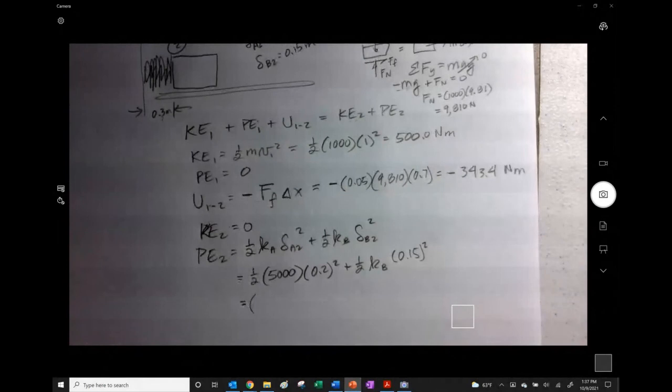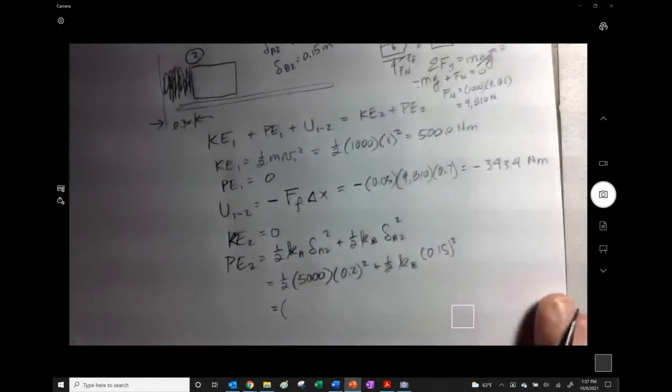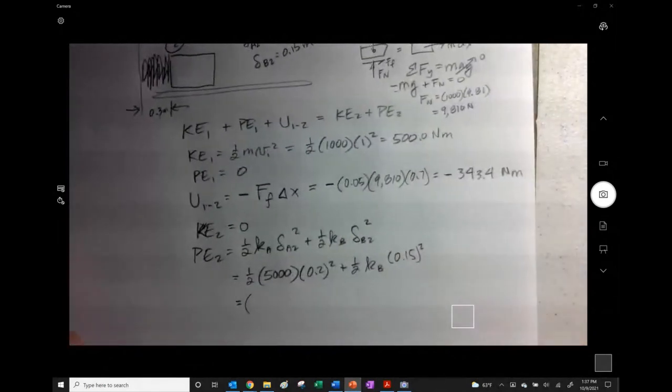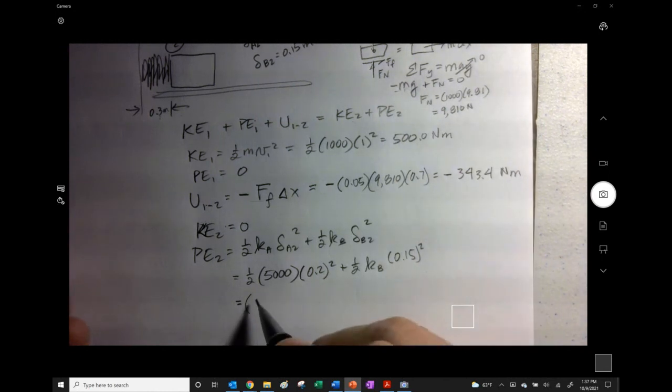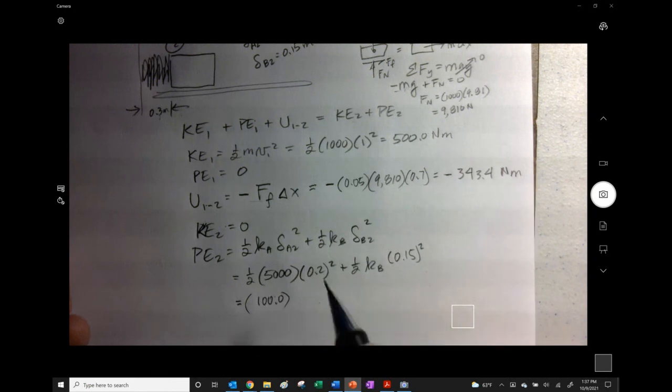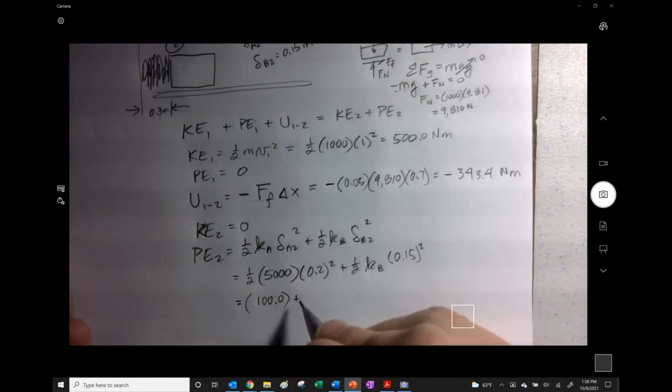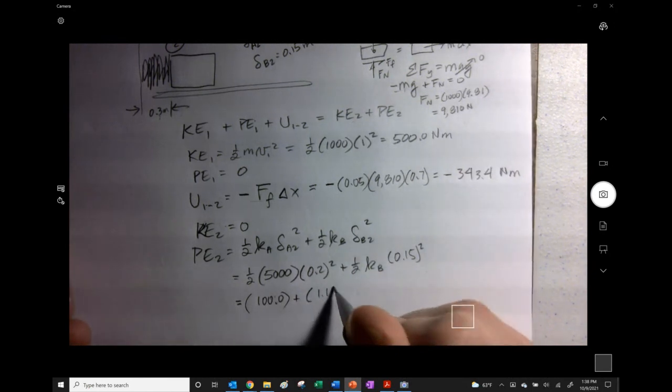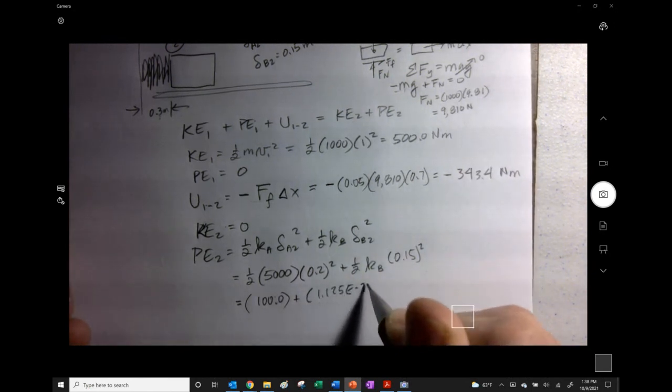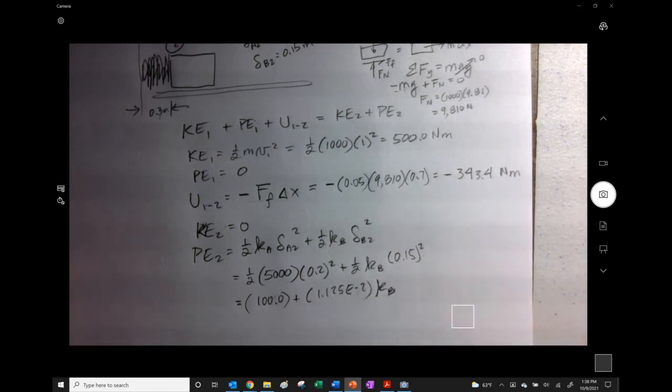So we can find what those things are. 5,000, 0.2 squared times it divided by 2, and we get 100, plus 0.15 squared divided by 2, and we're going to get 1.125 E minus 2 KB.